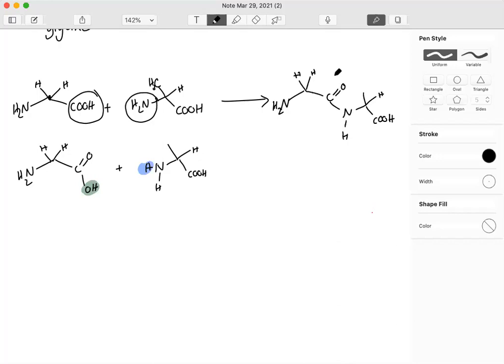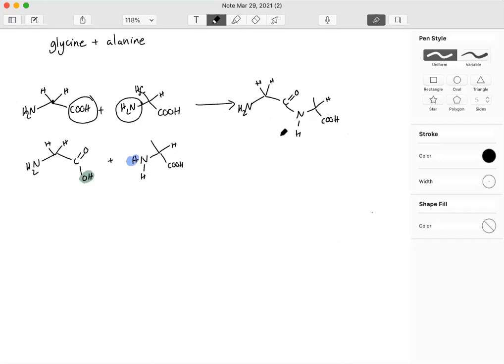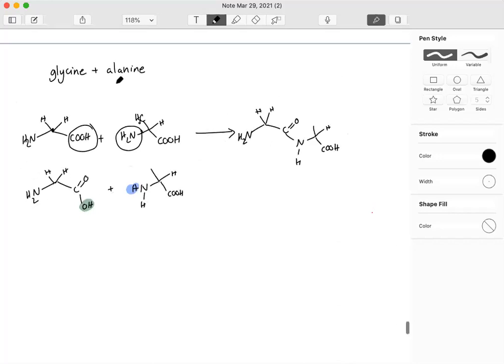So I can get the dipeptide that is formed from the condensation of alanine and glycine. This is a condensation reaction, and the byproduct here is water.